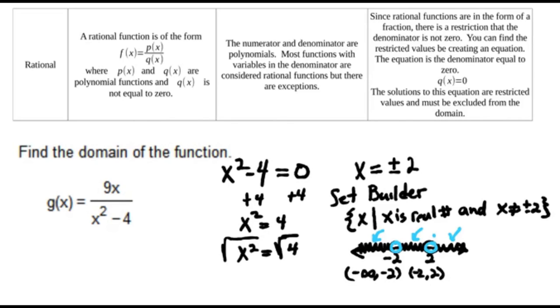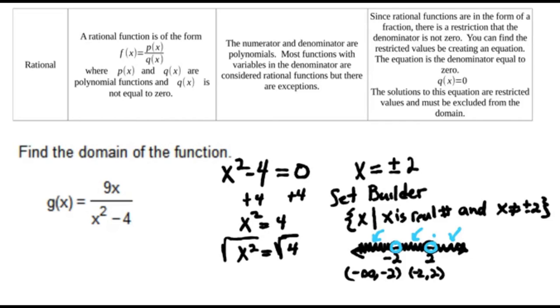Once again using parentheses, so the parentheses indicate that the number is not included in the set. Just like open circle indicates that the number is not included, parentheses indicate that the number is not included. So this interval is including all the numbers between -2 and 2, but not the endpoints of -2 and 2.